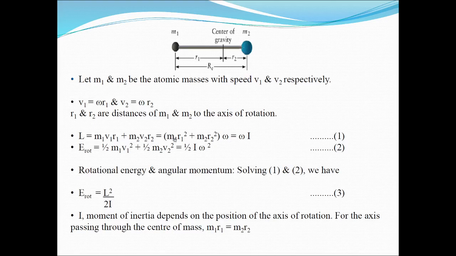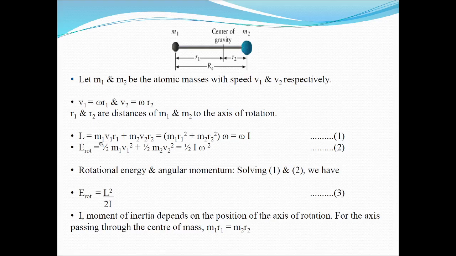You can take out m1, so you have m1 v1 r1. From the relation, v1 is equal to omega r1, so just substitute v1 here and you will get m1 omega r1 squared.